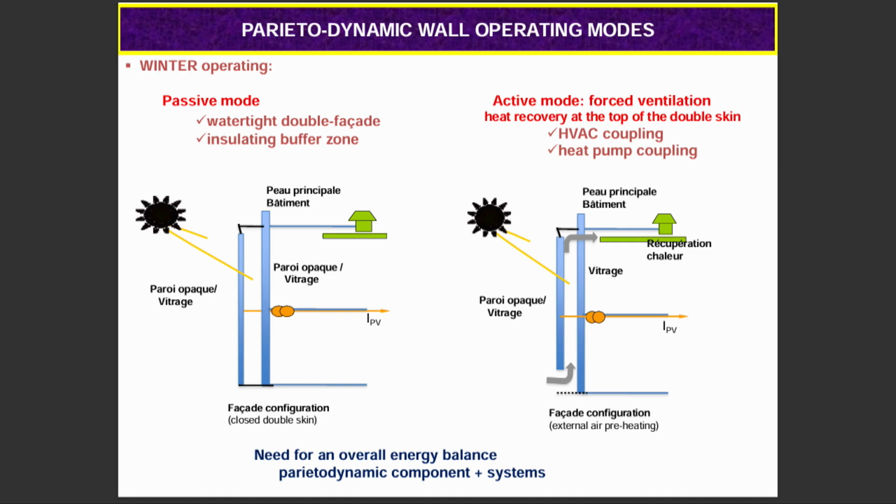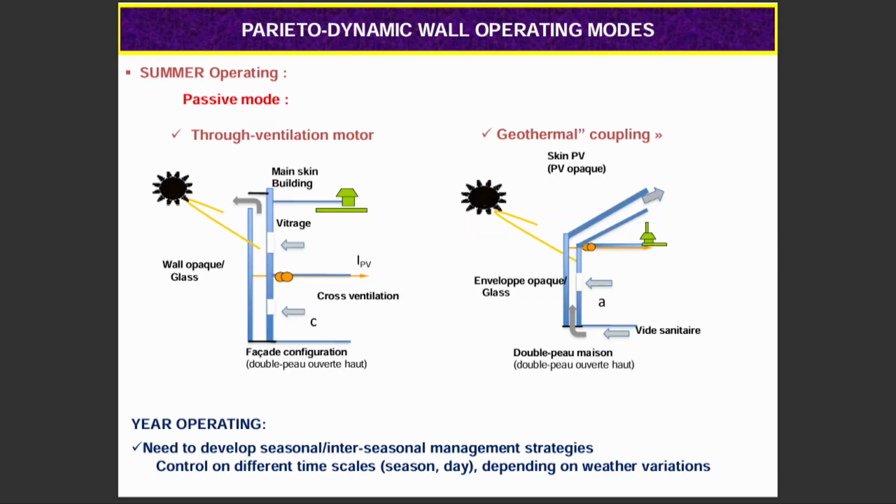That could be coupled to the heat exchanger for winter time or to a heat pump, because you increase a bit the inlet air. You can use it during summertime as a free ventilation system.